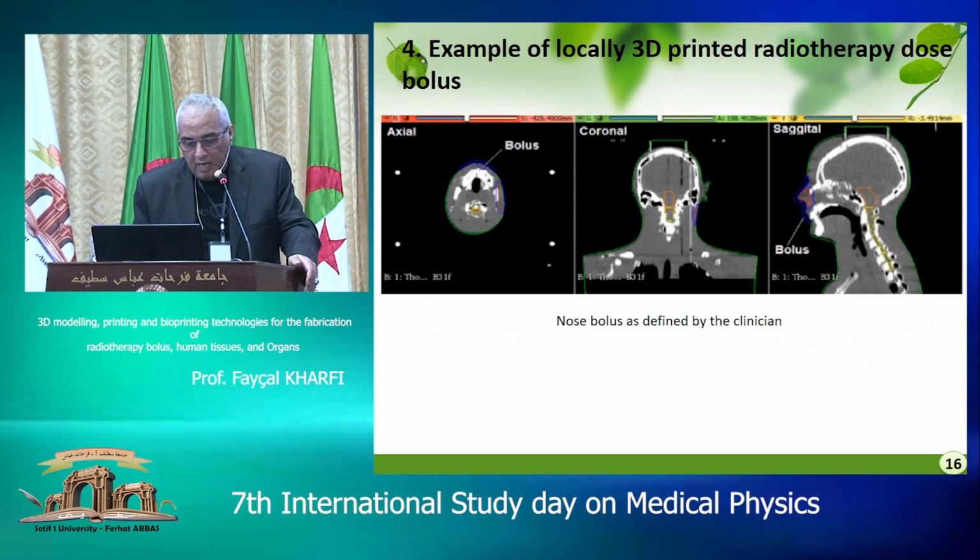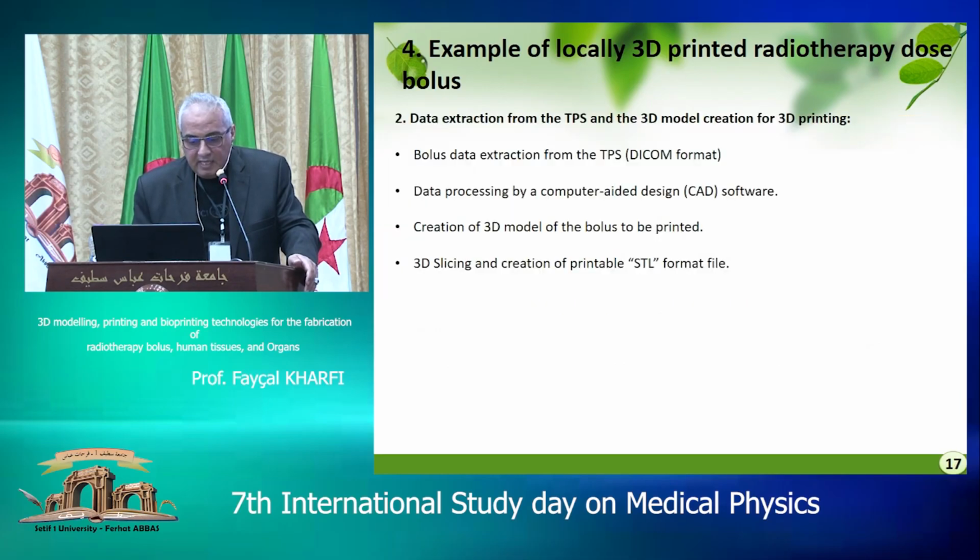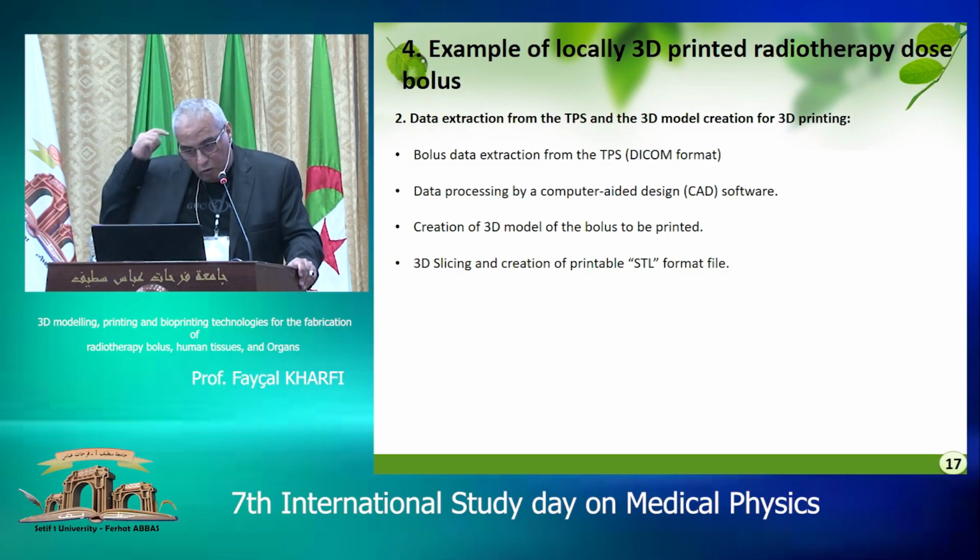After that, there is the second step, which is the step of data extraction from the treatment planning system and the 3D model creation for 3D printing. Here there are 4 steps. First, the bolus data extraction from the TPS in DICOM format, then data processing by computer-aided design in order to get a 3D volume that we can slice.